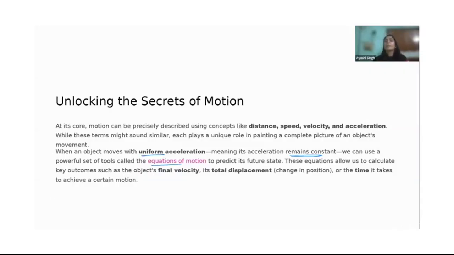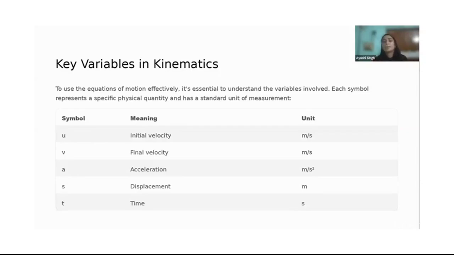The key terms we'll have to know: the first is u. I told you in the previous session that the symbol u is usually used in physics to denote initial velocity, and the unit of initial velocity is meter per second. v is the final velocity, that means the velocity you have reached after changing. a is the change in the velocity, that means final velocity minus initial velocity upon time.